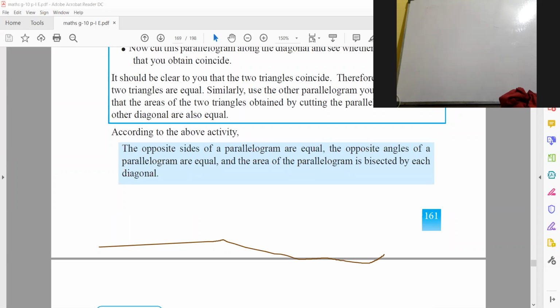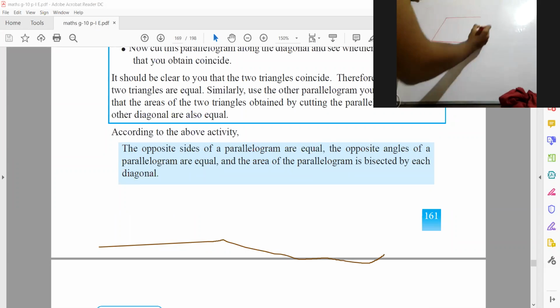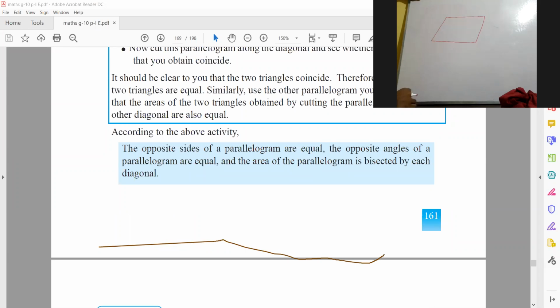It's a parallelogram. When naming a parallelogram, consider this is a parallelogram ABCD, right? We can start from any corner, and you must name it in a clockwise or anti-clockwise manner, right?